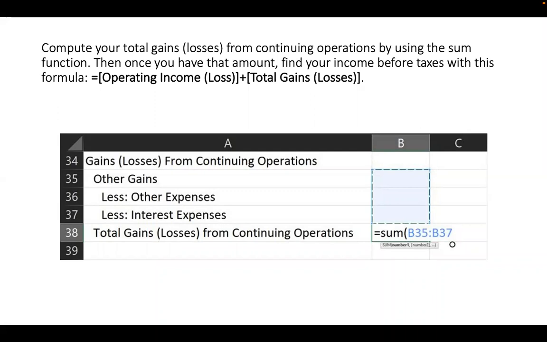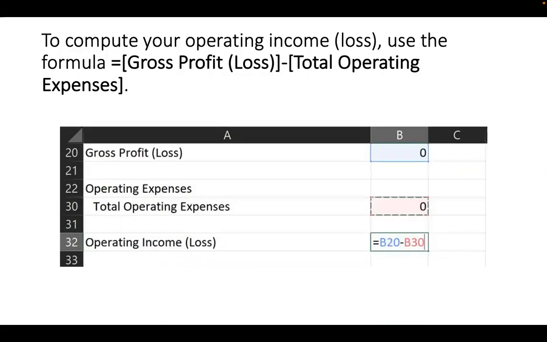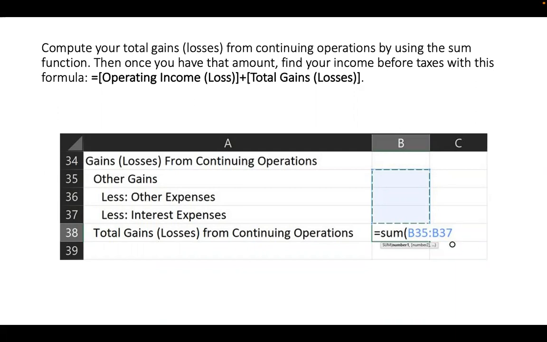So we have to use this formula: equals operating income or losses, plus total gains. So if we get certain things out of it, we will have to add it and club it into the income statement which we are preparing.